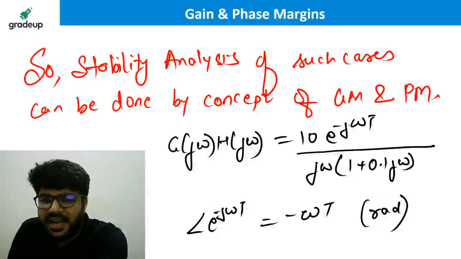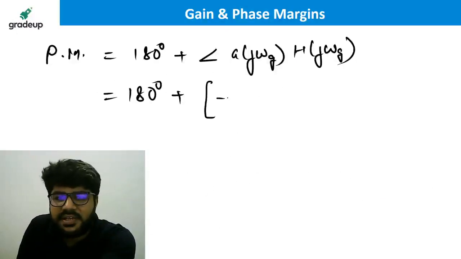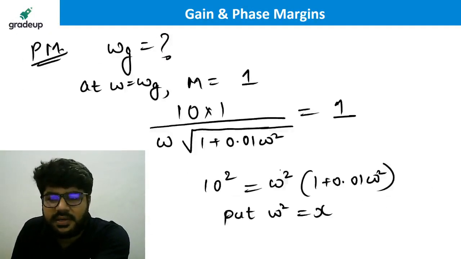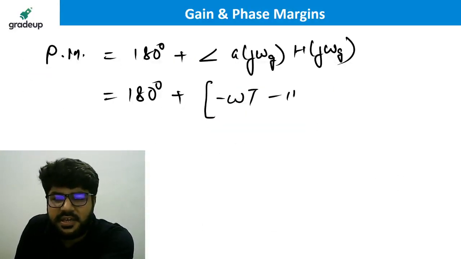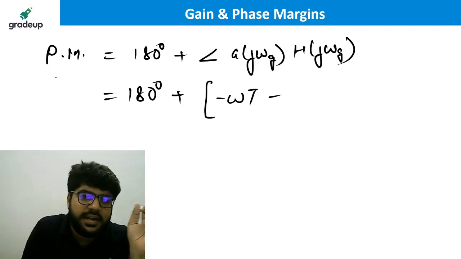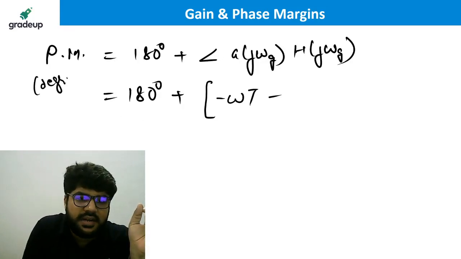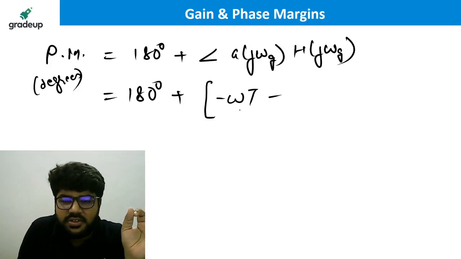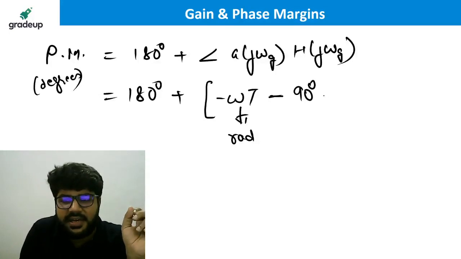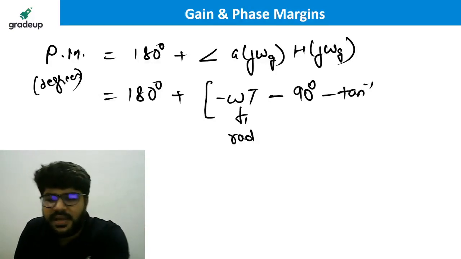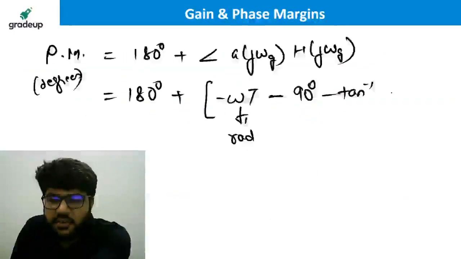E power minus j omega T angle is minus omega T. Then for the denominator, minus the phase of j omega, which is minus 90. Because phase margin is calculated in degrees only, the standard unit of phase margin is degree, so this is radian and I will convert it into degree. Wait on, let it be minus omega T. Then I have minus 90, and then I have minus tan inverse 0.1 omega.